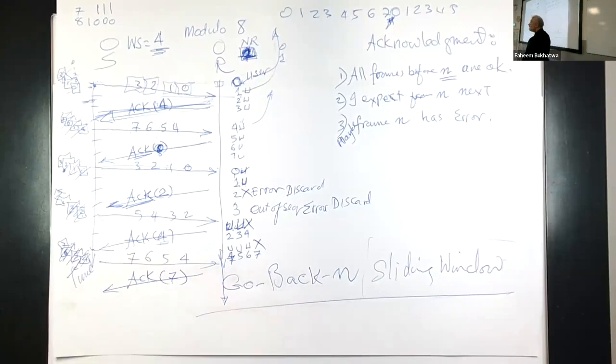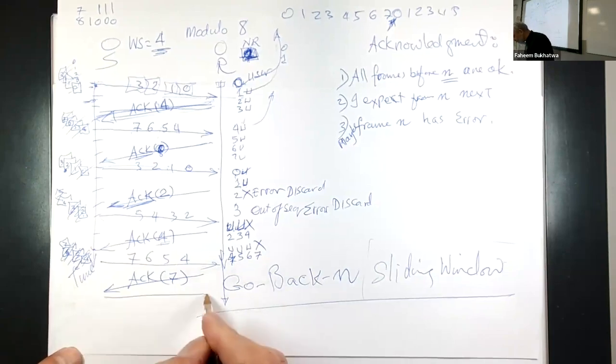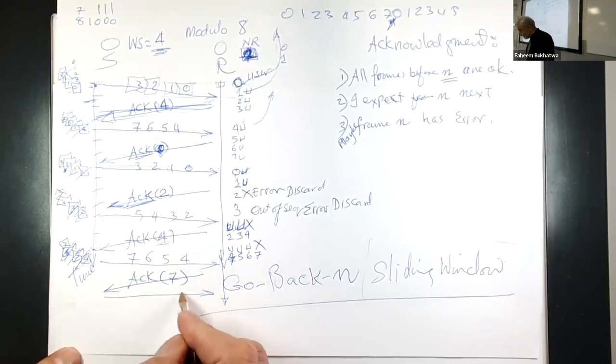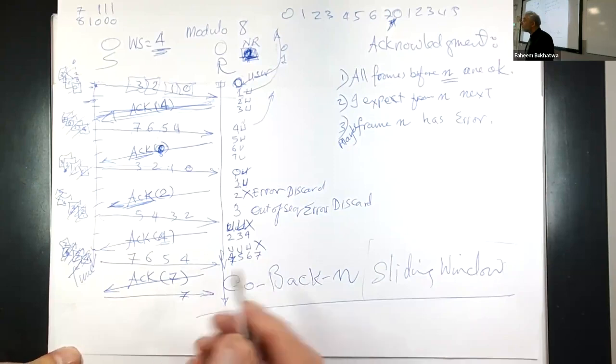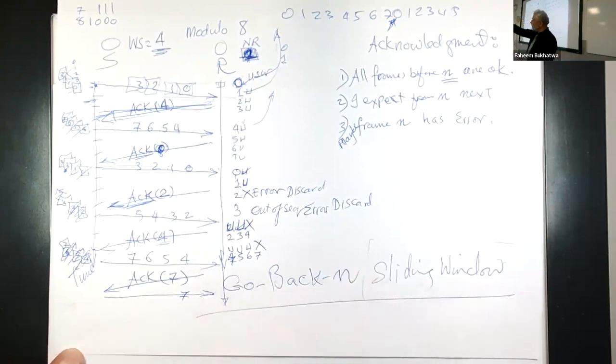What else? It also means I expect number 7 from you. So send me back number 7. Now what frame numbers will it send? How many frames will it send?